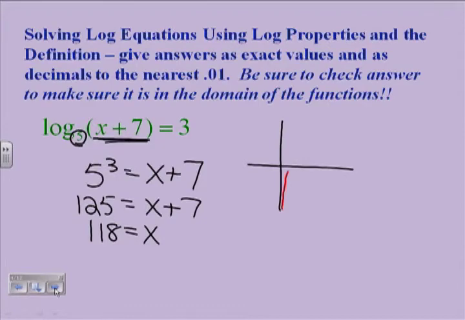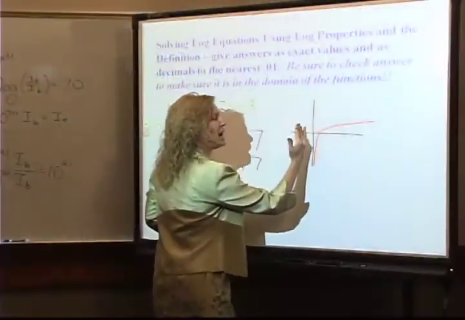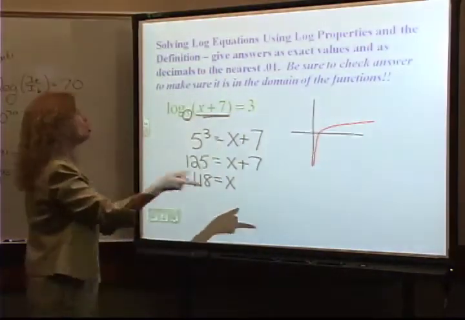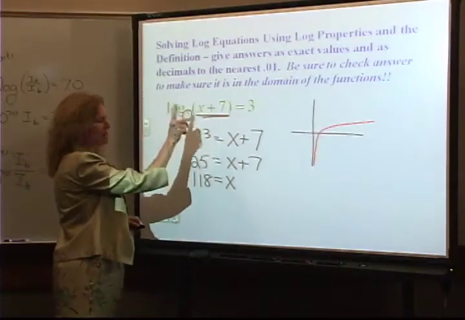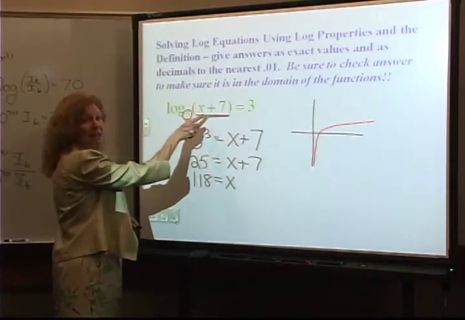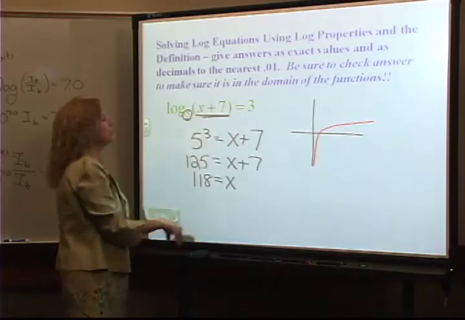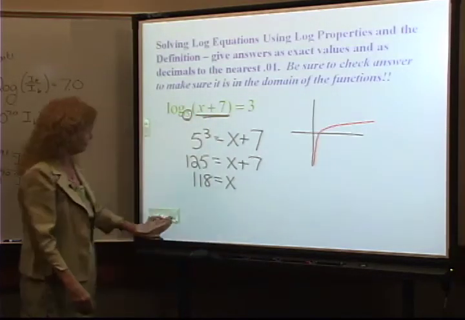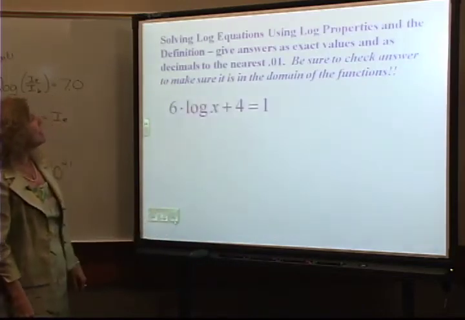He crosses at 1, 0 and goes on that direction. What that is a picture of is the idea that the domain is positive numbers only. So don't tell me that I should take a negative value and put it in to the log, but this answer is totally fine. Okay, so I'm good with that guy.